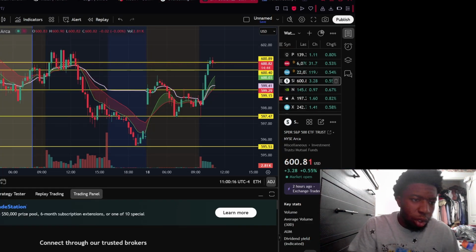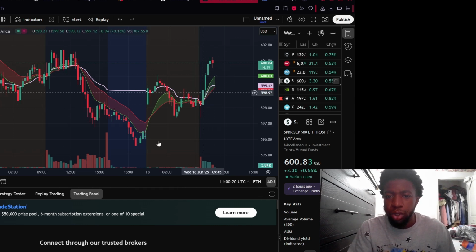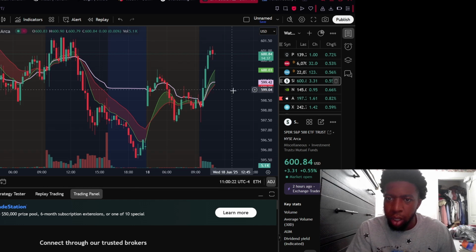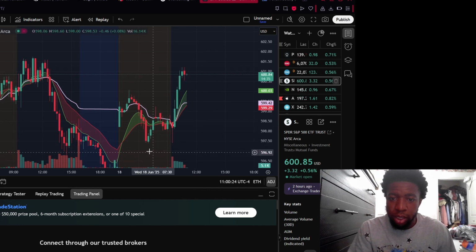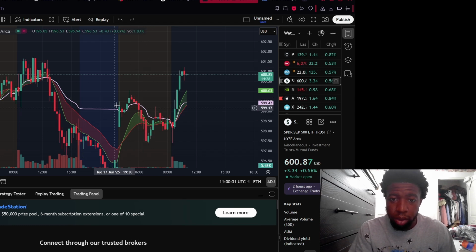But let's look at the market real quick. No indicators, no charts, so we can leave the VWAP and whatnot. Let's look at pre-market.